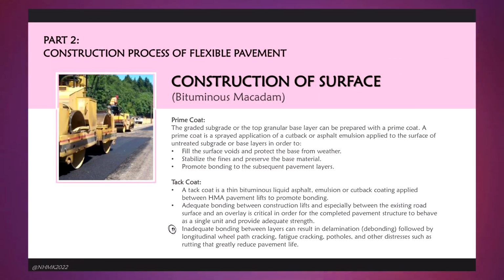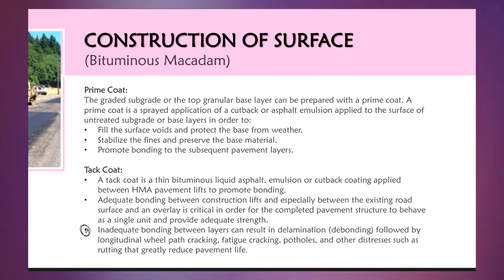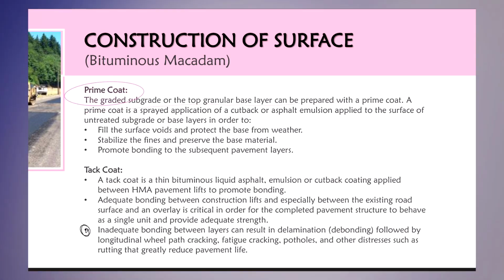Now we have reached the surface. We commonly know it as bituminous macadam. So for the prime coat, the graded subgrade or the top granular base layer can be prepared with a prime coat.